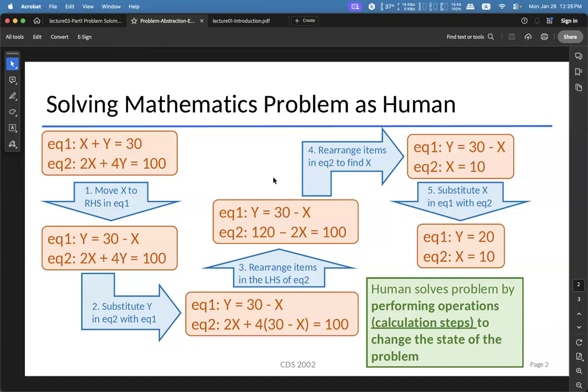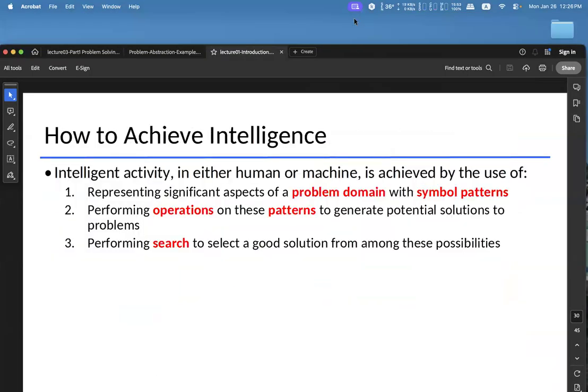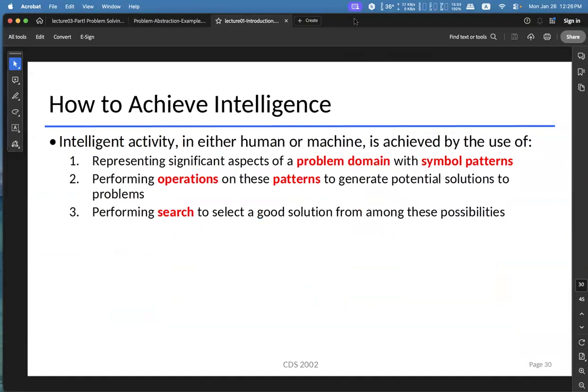He will need to do more than one attempt, right? In that sense, that is the third point: performing search to find the solution.